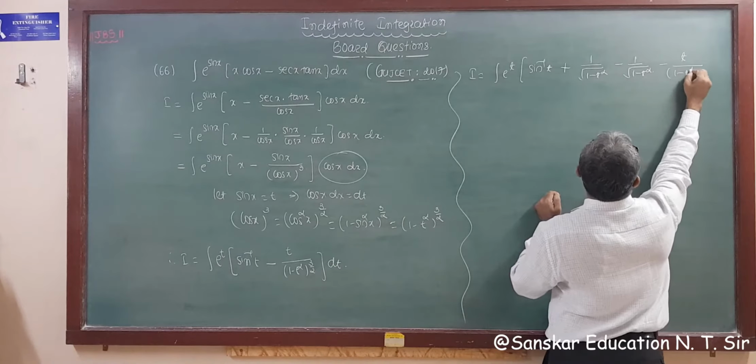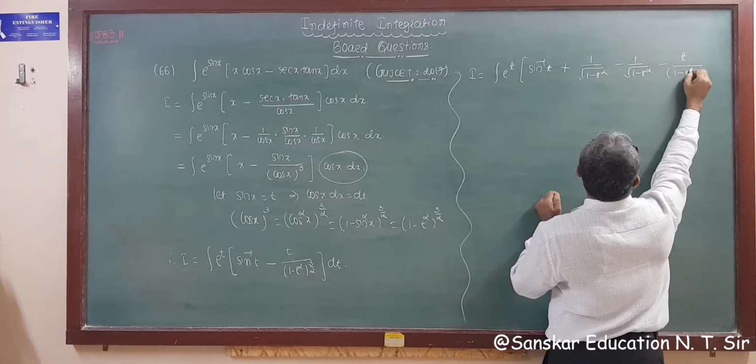So what we have to write here? This step is minus, so minus t upon under root 1 minus t square raised to 3 by 2, and bracket over, and dt I am writing here.